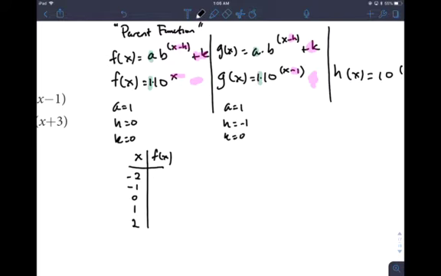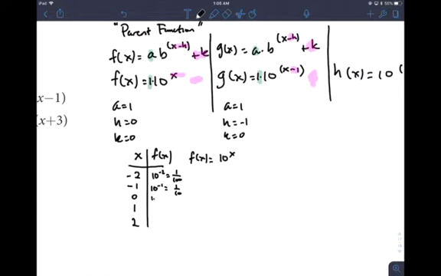If I do the work for this one, the function is f of x is equal to 10 to the x power. So this would be 10 to the negative second power, which is 1 over 100. This would be 10 to the negative 1 power, which is 1 over 10.